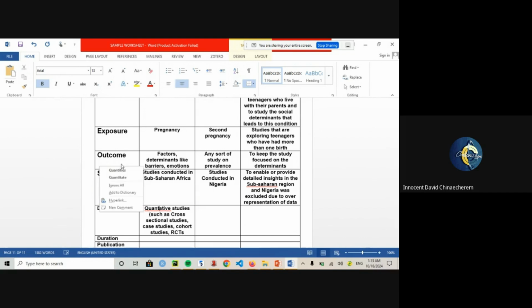These are all quantitative studies that we account for in our study, right? So also include qualitative studies. So qualitative studies cover everything. So it includes grounded theory and all that.